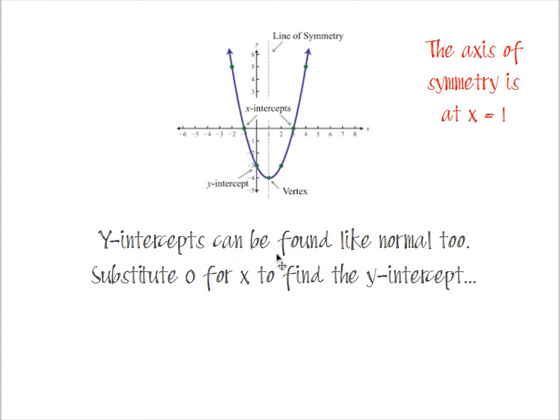Our y-intercepts can be found just like we do with any other equation as well, when we substitute 0 in for x. That's going to help us find our y-intercept. Remember, we're not going to have a c this time. We've got to do it using factored form.